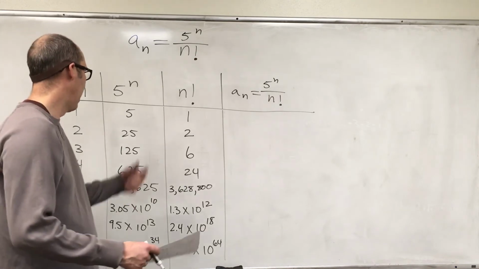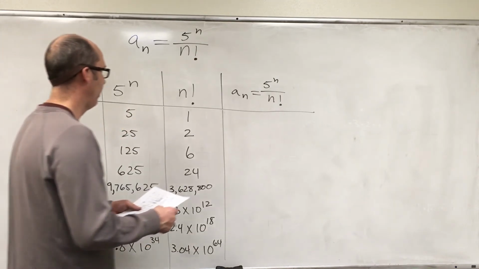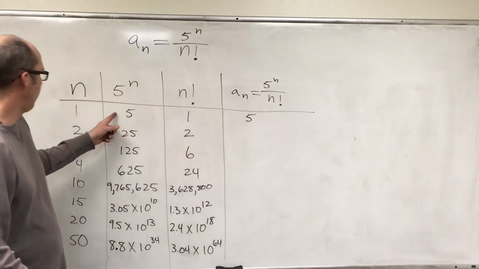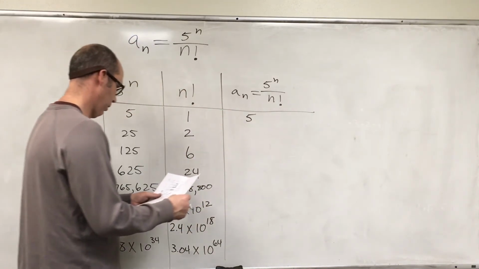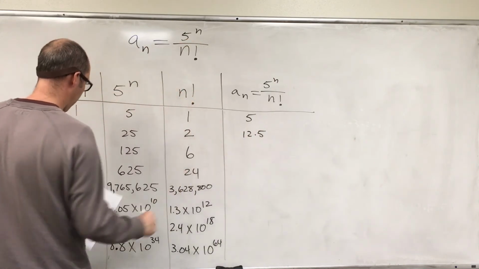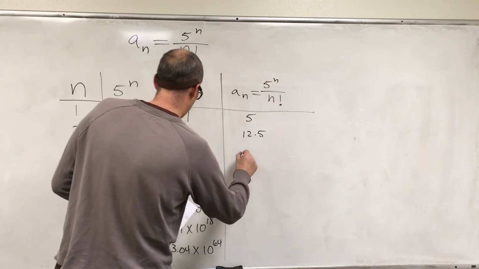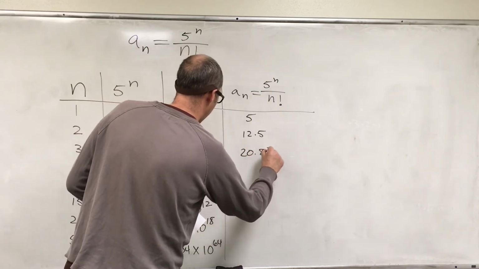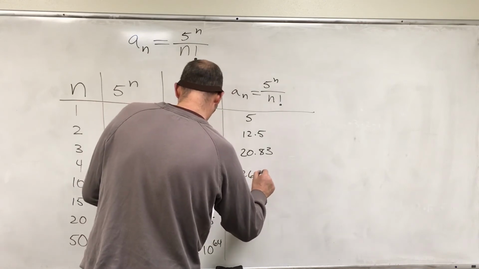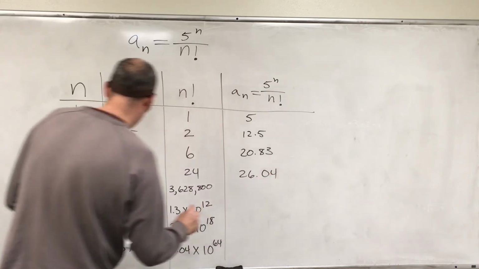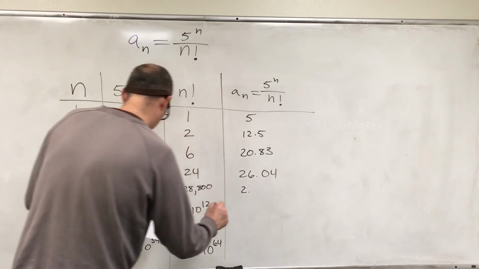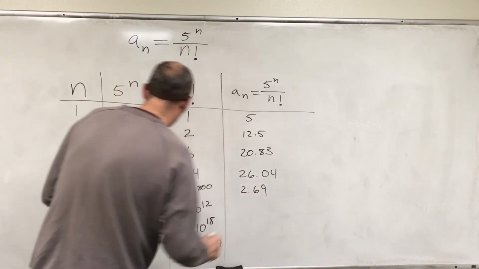Okay, so now we're going to divide these, putting that on top of that. So this is 12.5, 25 over 2, 12.5. Let's see, we got 20.83, 26.04, 2.69.